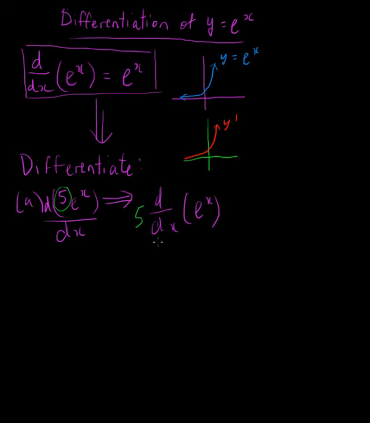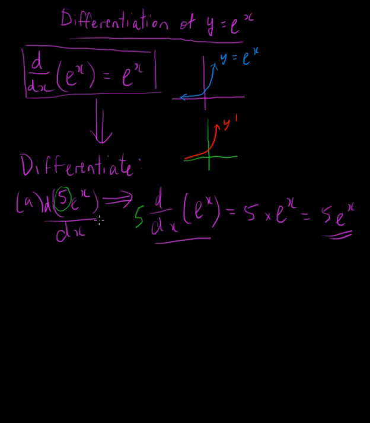And so therefore, the purple part here, it's exactly the same. And we know from the formula here, or from the differentiation here, that this part is e^x. So we just put the 5 in front of it times this purple part, which is e^x, and so the result is 5e^x.